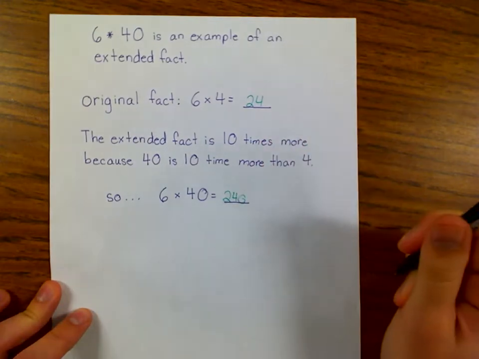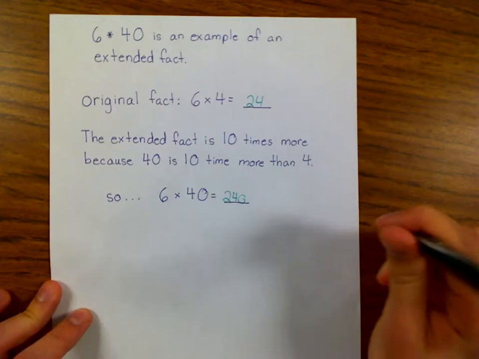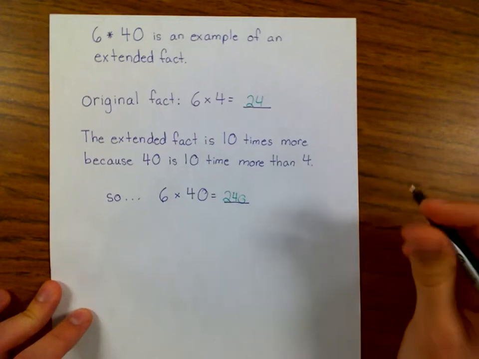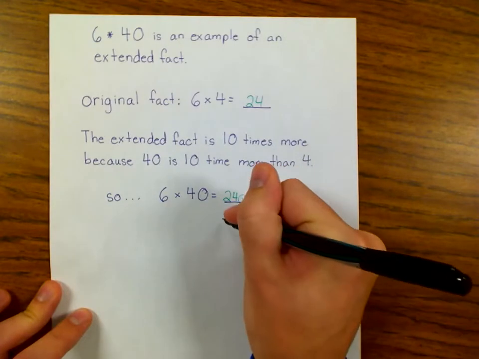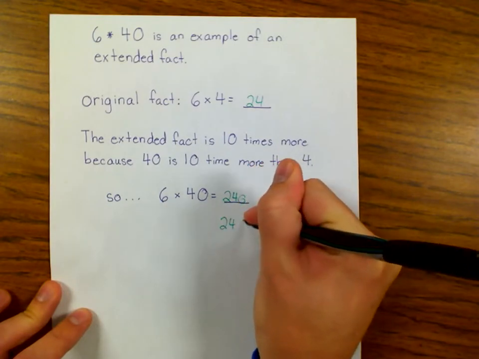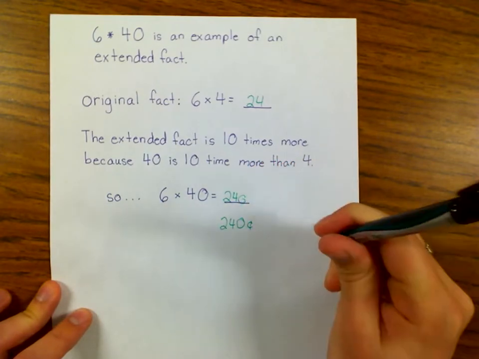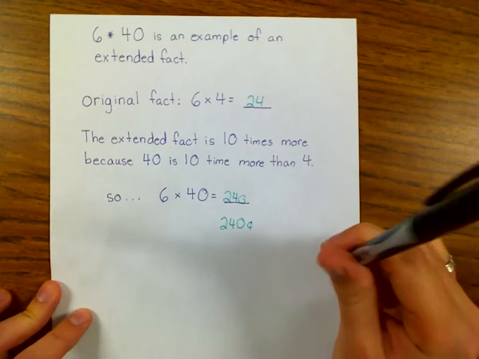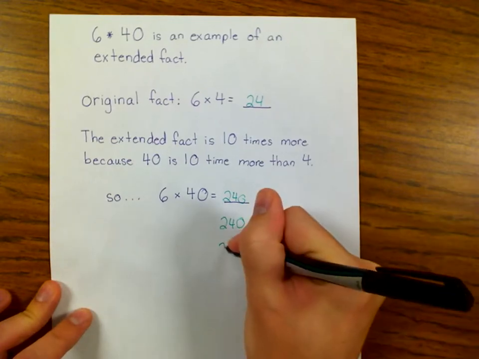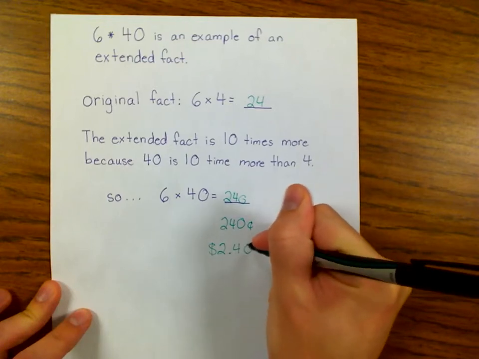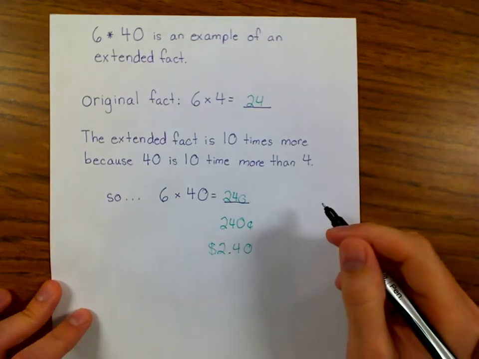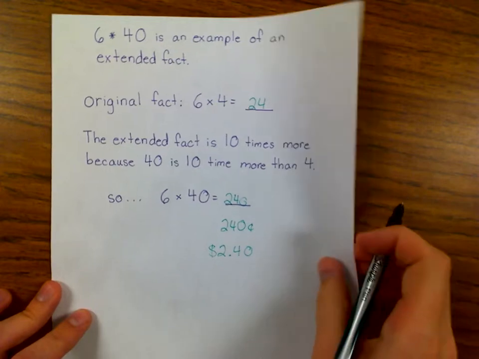Now, does that answer my question? Not exactly. The reason is because we were doing 40 cents. So this would be equal to 240 cents, which in dollars and cents notation is $2.40.